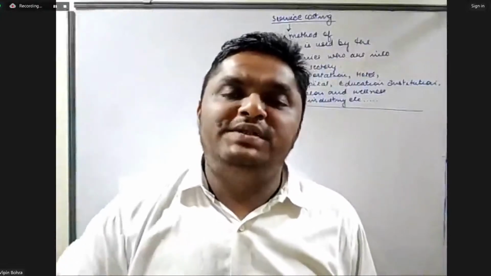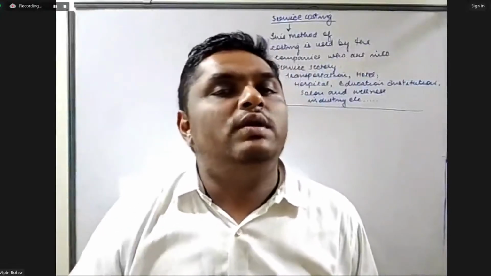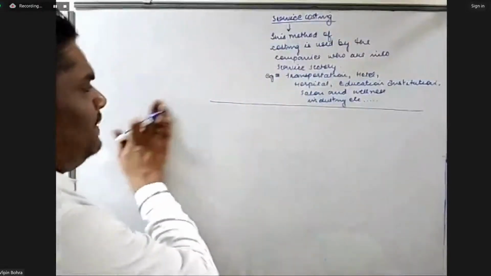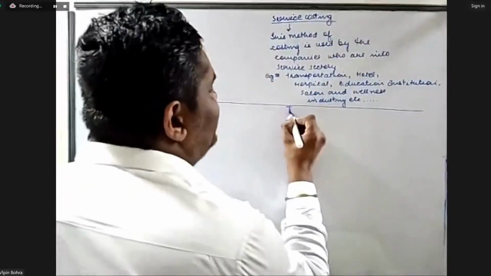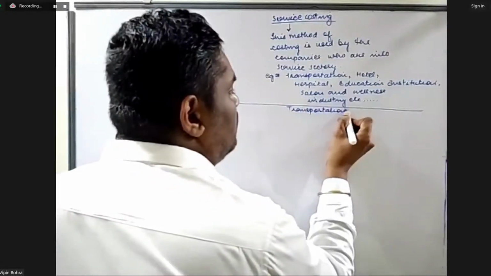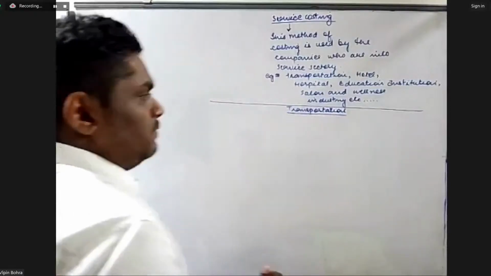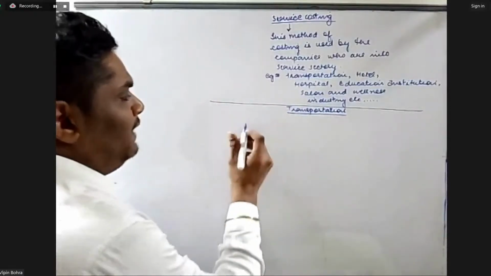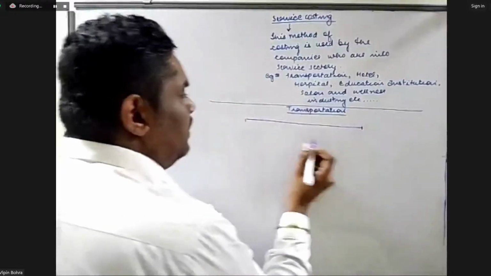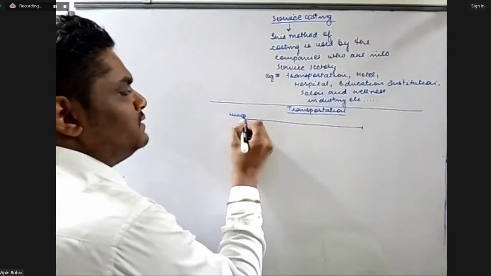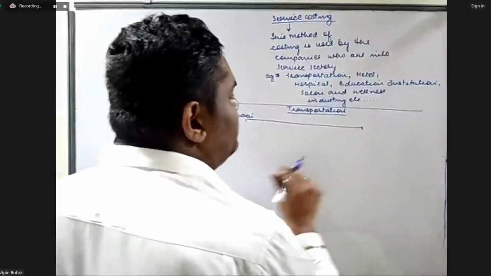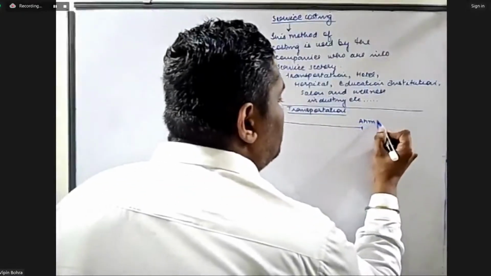Now, the major objective of this service costing is to calculate the cost per unit of service. Let me discuss this concept with the help of an example. Let's say I'm into the transportation industry and I run a bus service from Mumbai to Ahmedabad.